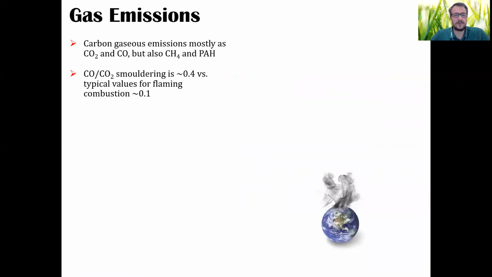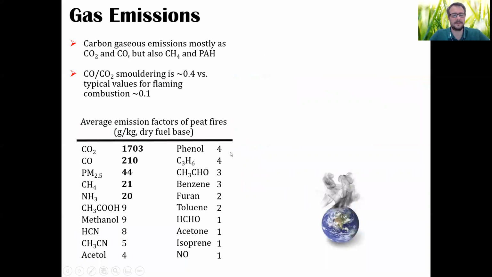When we look into the composition of this smoke, it's a very complex composition, as I mentioned before, because smoldering is incomplete combustion. It obviously has a lot of carbon dioxide, because that's meant to be a product of combustion. It has a lot of carbon monoxide as well, which is poisonous.